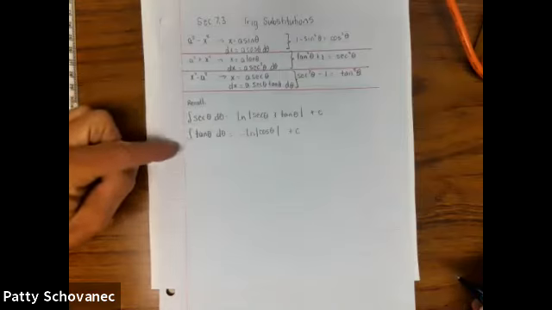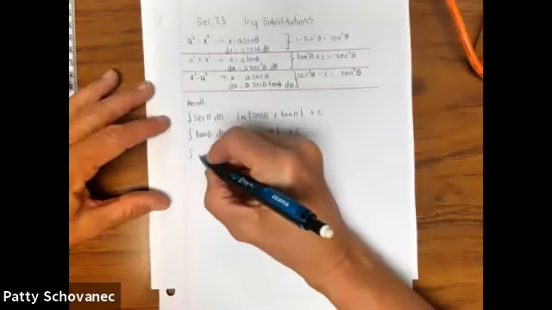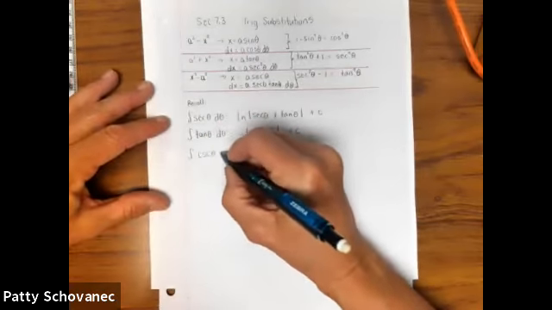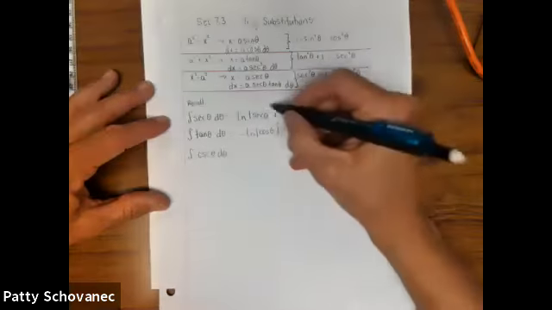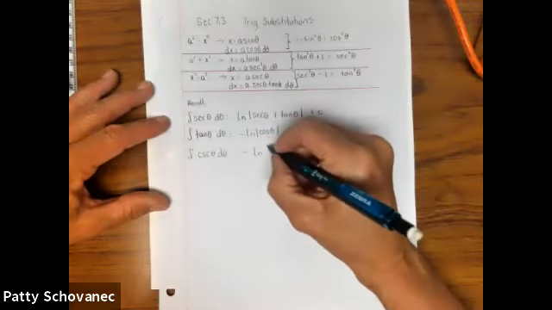The cosecant and the cotangent work in a similar way. The integral of a cosecant of theta, d theta, has a natural log, but has a cosecant plus a cotangent, and it has a minus sign out front.